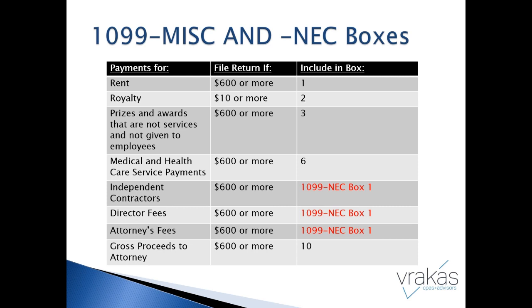And as you can see on the bottom, attorney's fees are different than gross proceeds paid to an attorney. So when you have a vendor as the recipient that is the legal firm, which box and which form does it need to go into? It will depend on what the service is related for.